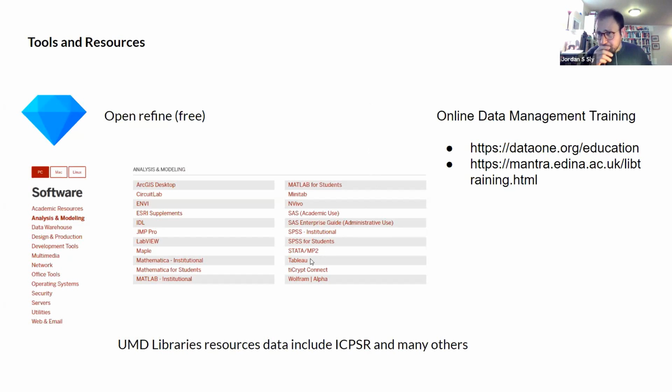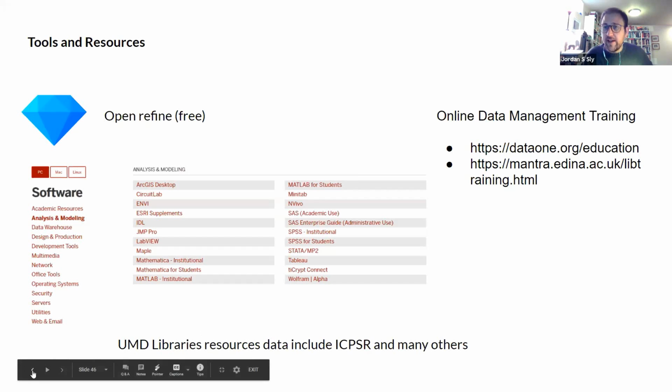Something like Tableau is a very simple tool, and it allows very quick visualizations of data, provided that you've given it good data to work with. It creates those simple types of analysis models.